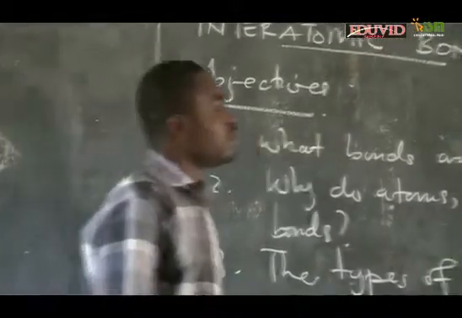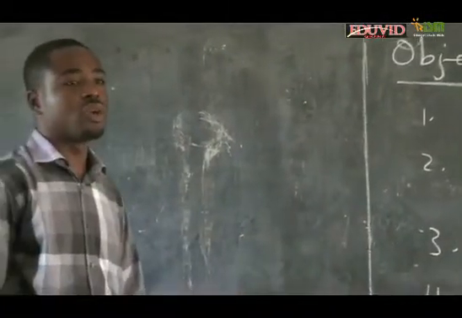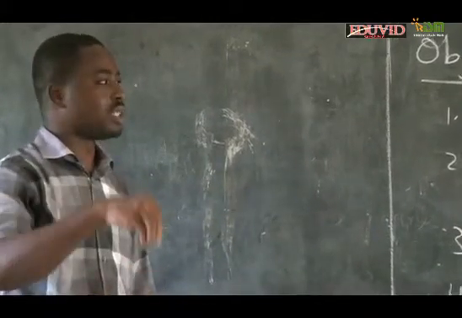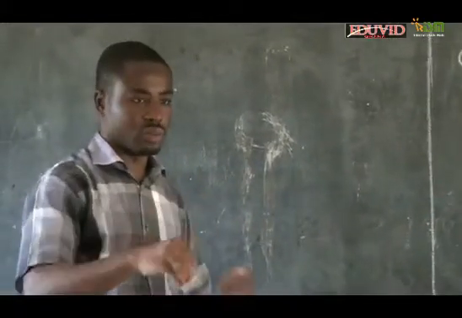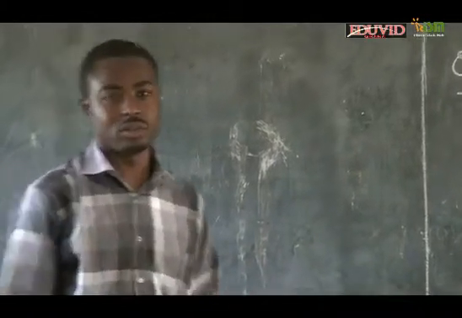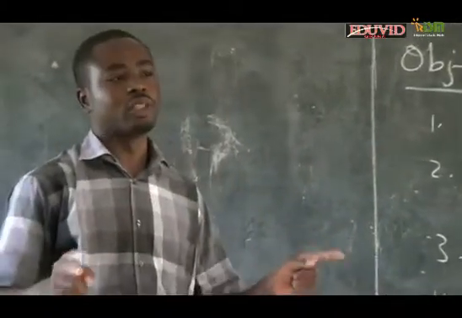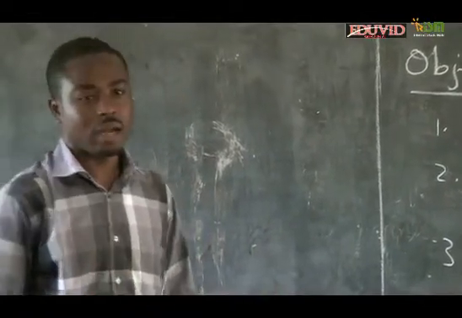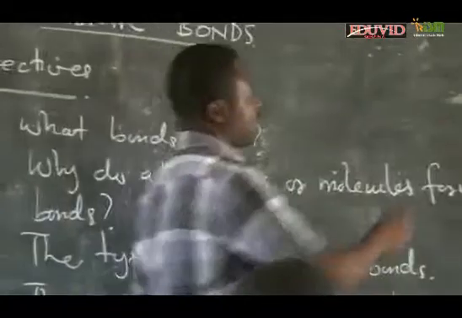Now, if a bond exists between two entities, let's say atoms, such a bond is what we call an interatomic bond. You can also have a bond existing between two or more molecules. In that case, we refer to that bond as intermolecular bonds. Interatomic bonds can also be referred to as intraatomic bonds.